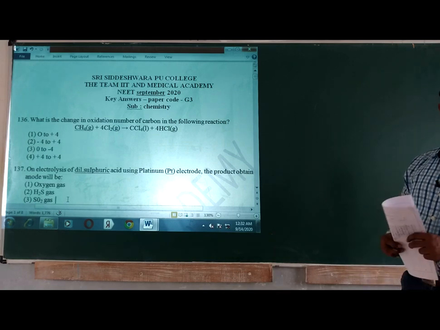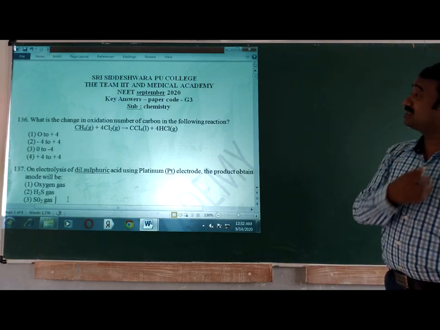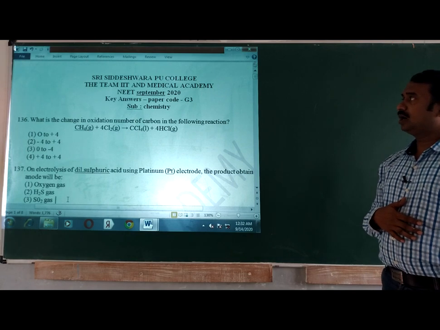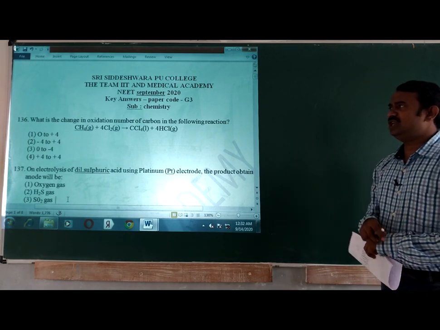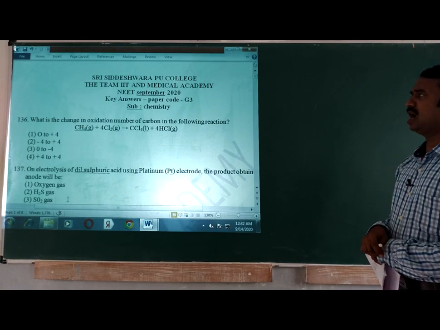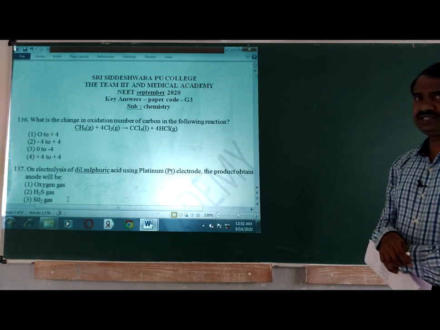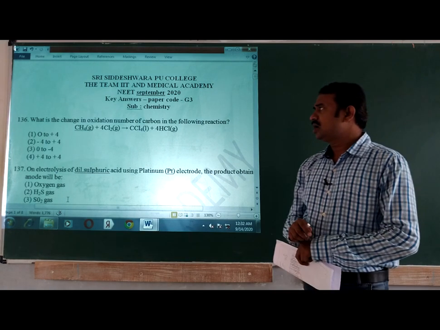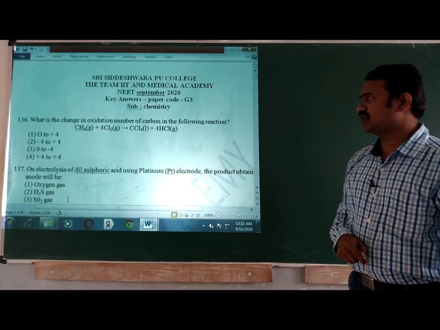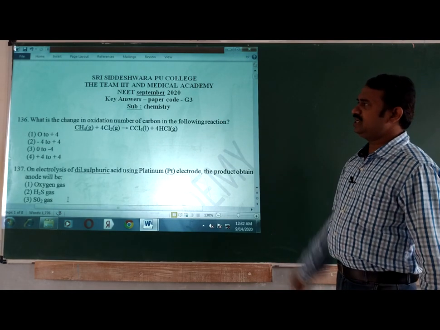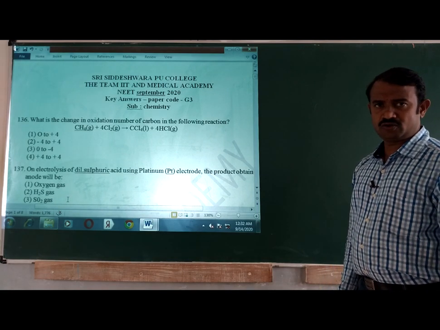The first question, the model question paper, paper code is G3. What is the change in oxidation number of carbon in the following reaction? Methane reacts with chlorine to form carbon tetrachloride and hydrochloric acid.